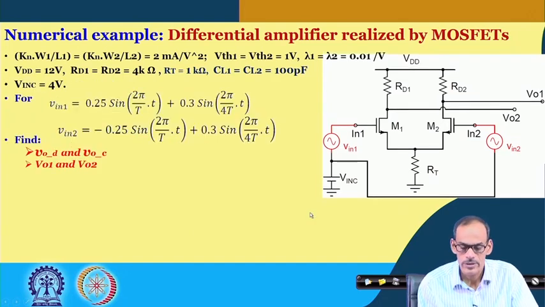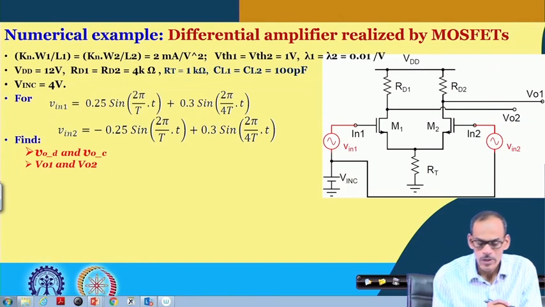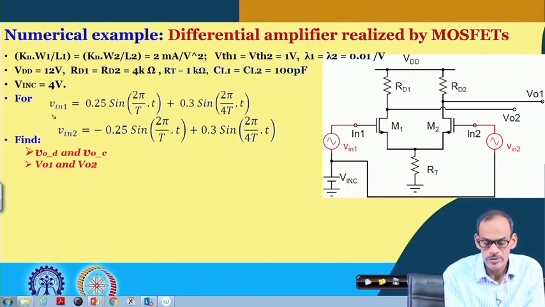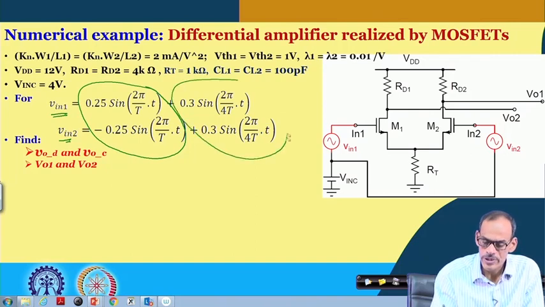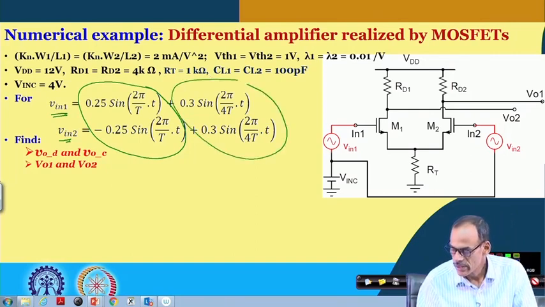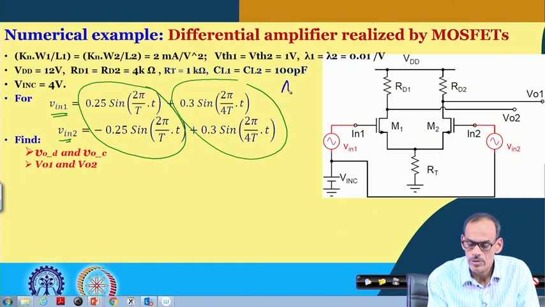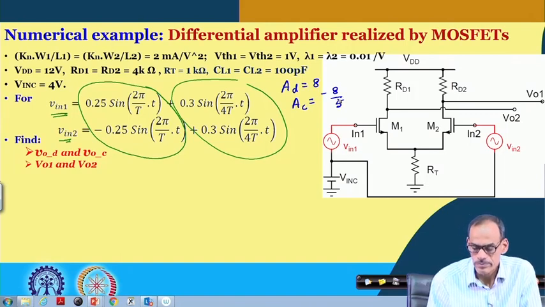So, in the next slide, yeah. So, here we have Vin 1 and Vin 2. Again here it has the differential signal and the corresponding common mode signal, and you may recall that AD equals 8 and AC equals minus 8 by 5.